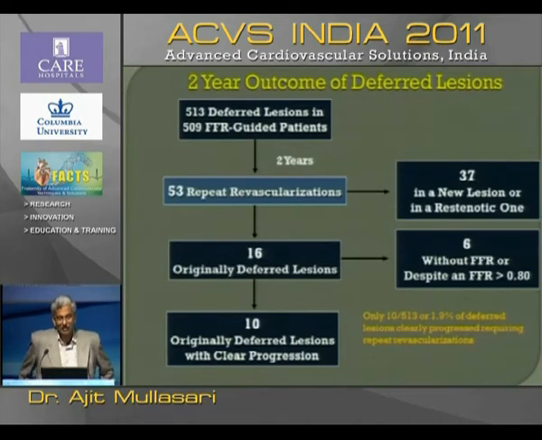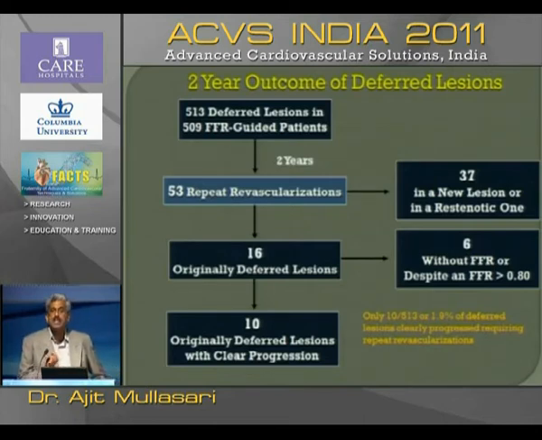What about revascularization? Similar. 53 repeat revascularizations at 2 years, and this was 37 in new lesions or in a restenotic one. Of 16 originally deferred lesions, 6 did not have FFR or unfortunately had a procedure despite an FFR of more than 0.8, and only 10 which had originally deferred lesions had a clear progression requiring repeat.